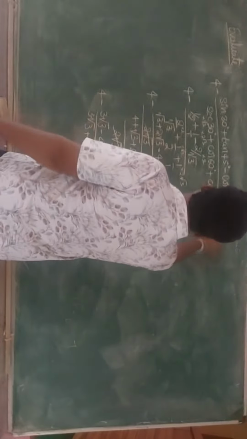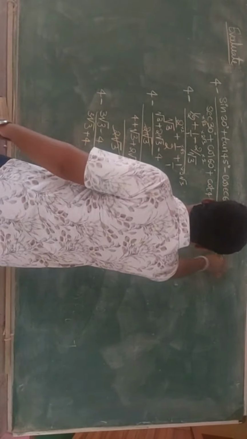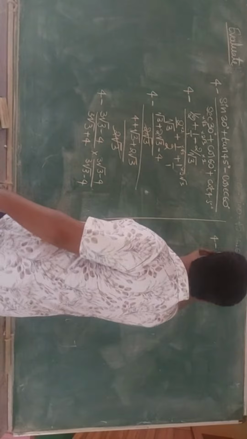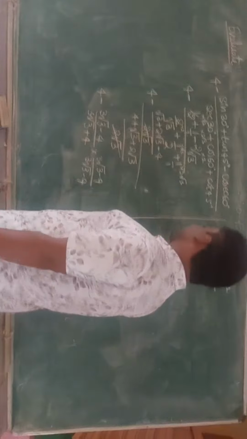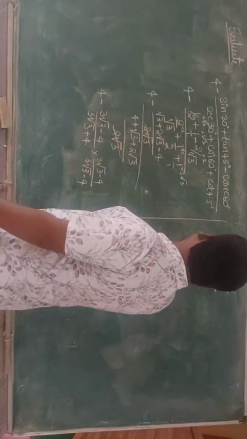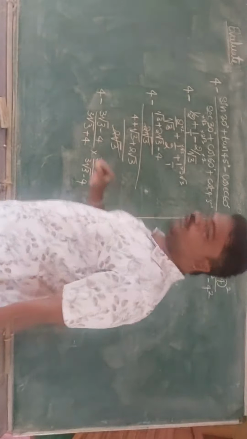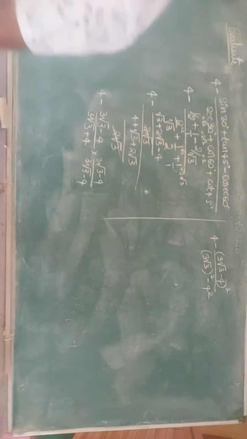Then the numerator becomes 4 minus the square of 3 root 3 minus 4, divided by, in the form of a plus b into a minus b, that is nothing but a square minus b square: 3 root 3 square minus 4 square.